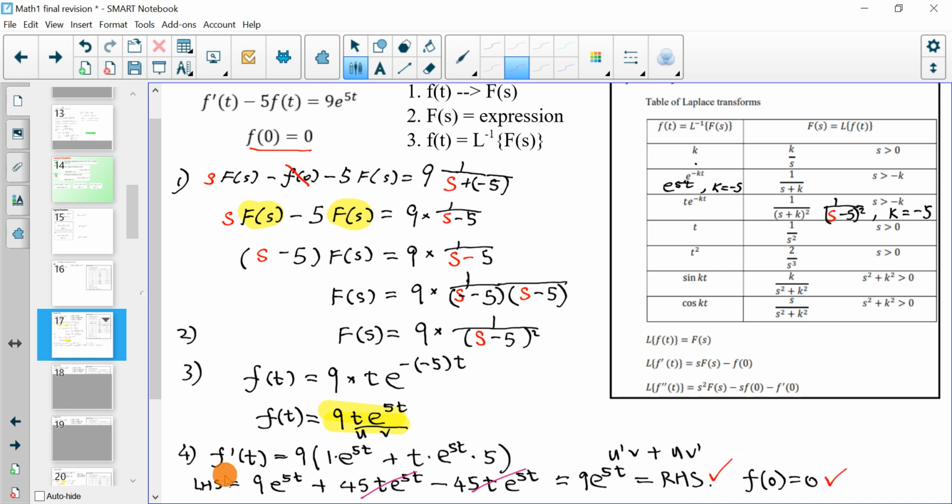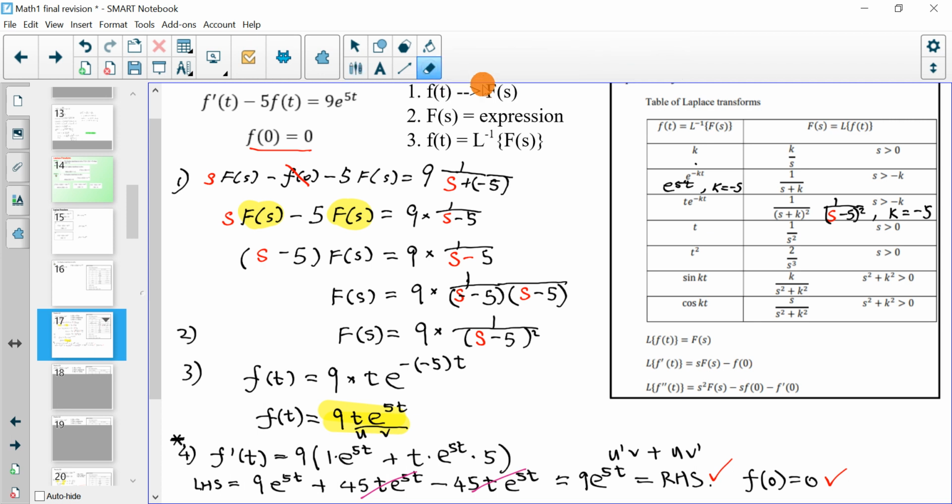So these two checking steps have confirmed your expression satisfies the original equation and the original initial condition. So again, the last step here is an optional step for you to check to make sure your solution is correct. But you don't have to do this if you are confident of all the algebra before you obtained your expression.